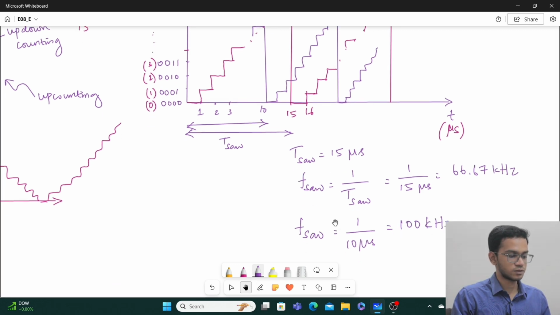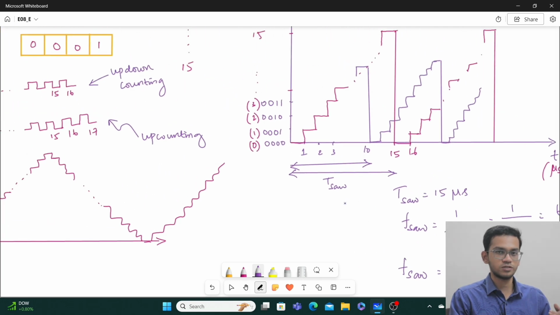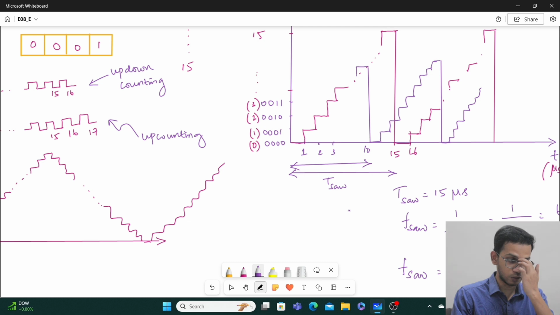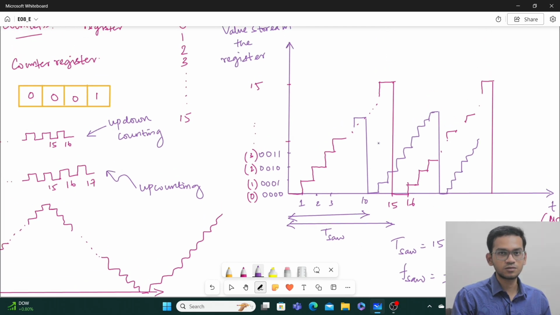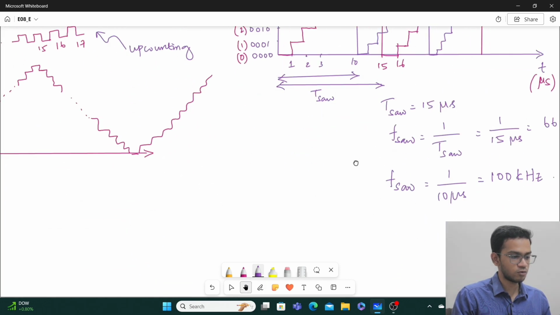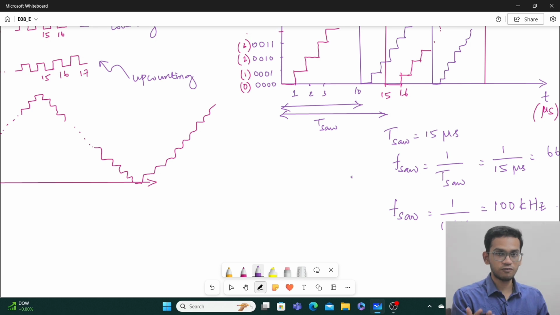So your F sawtooth is now 100 kilohertz. Now we got a sawtooth waveform of 100 kilohertz. Now you should notice that the amplitude has reduced. Doesn't matter. You will understand later why it doesn't matter. So this is how we produce sawtooth waveforms of different frequencies.